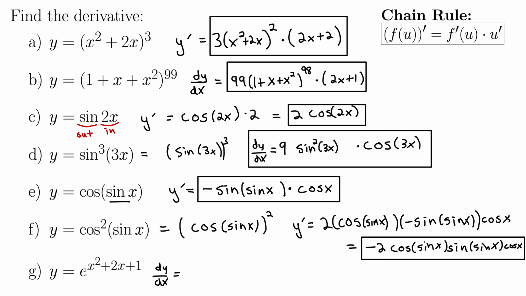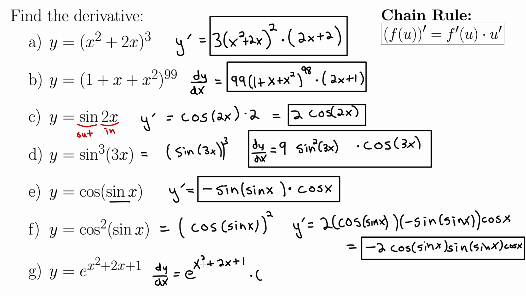So let's do the derivative of our outside function first, leaving the inside alone. What's the derivative of e to the anything? It's e to the anything again. So the outer derivative is simply, we just rewrite it. E to the what? Whatever was in there before. X squared plus 2x plus 1. Now we multiply, so times the derivative of the inside.